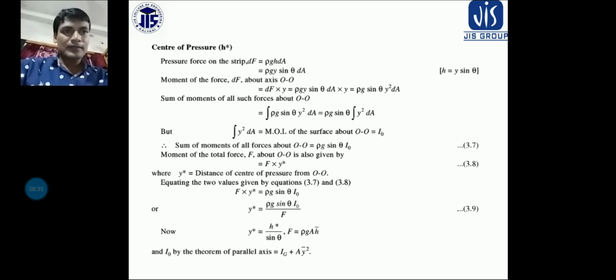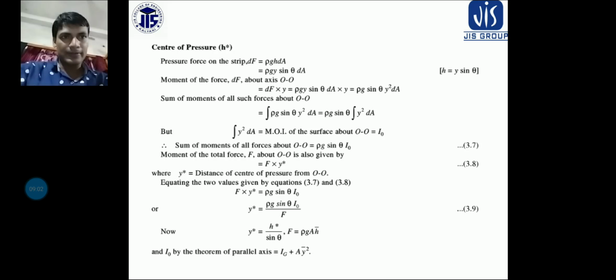It is the moment of inertia. So the sum of the moments of all the forces about reference plane OO is equal to what? Integration of rho g sine theta y square dA. So rho g sine theta is constant and y square dA is inside the integration. So y square dA is what? Moment of inertia of the surface about point O, and it is equal to I naught.